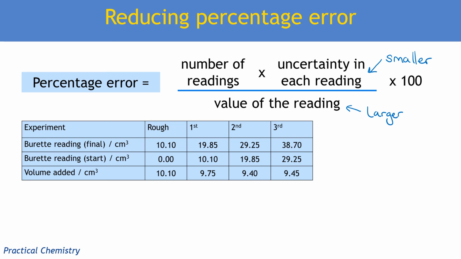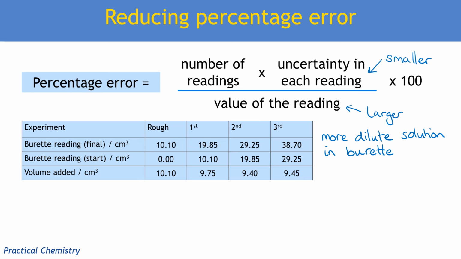Depends on the concentration and volume. So if the thing in the burette is the thing that I know about, which it quite often is, i.e. the thing that I know the concentration of, like some sodium hydroxide, at the moment it's requiring quite a small volume, which suggests that that sodium hydroxide is quite concentrated. So what I could do is use a more dilute solution in the burette.